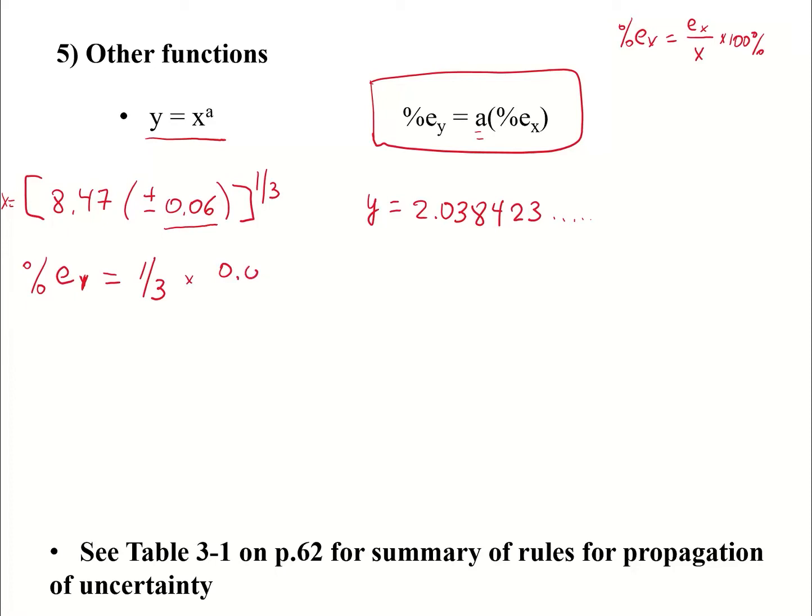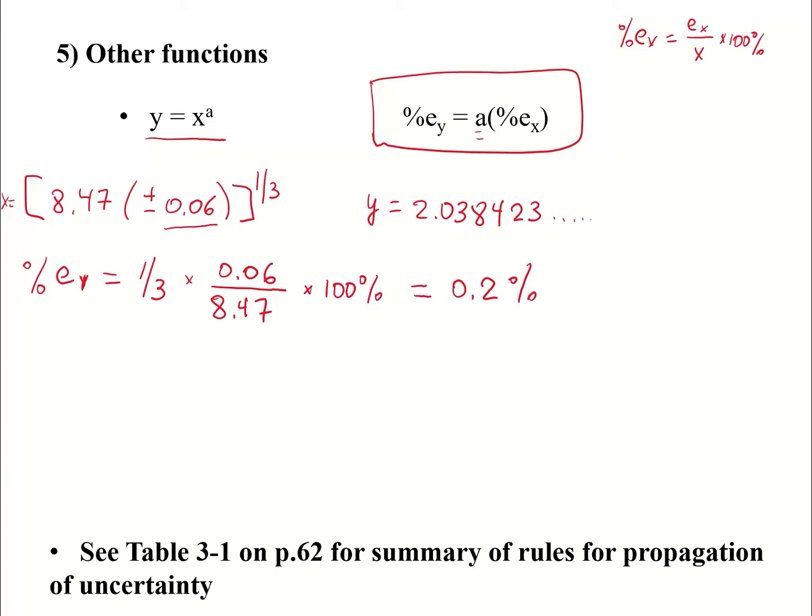So 0.06 divided by the value of x, 8.47, and multiplied by 100. We basically express percent uncertainties because we don't want to deal with very small numbers. So they just give us more convenient numbers, I guess, for percent errors. So this is equal to 0.2%. And this is the percent relative uncertainty.